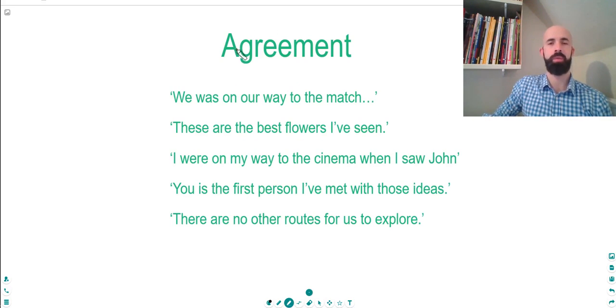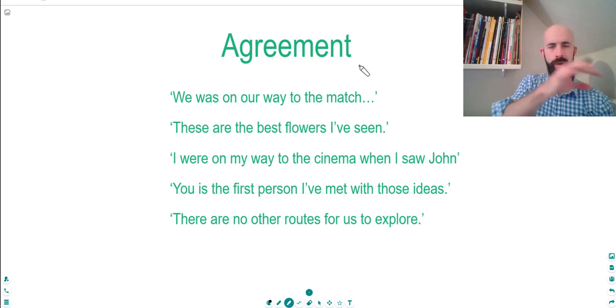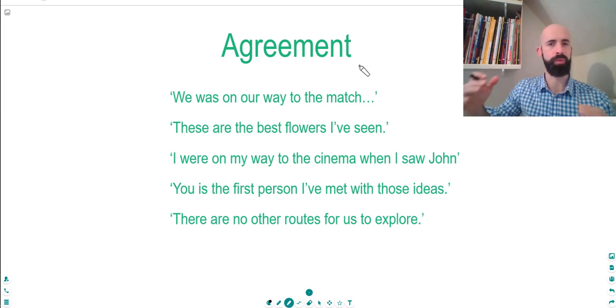Okay, so next up we're going to look at this topic of subject-verb agreement. This might be something you've looked at in a foreign language if you have studied a foreign language, but the basic idea is we have to make sure that our subject, the person, object or thing, match up with the verb form. So we're going to have a look at this now.